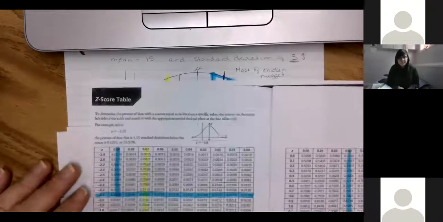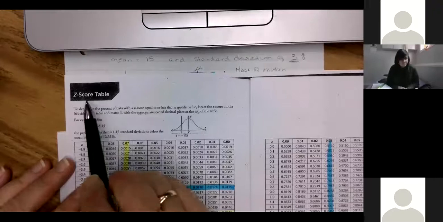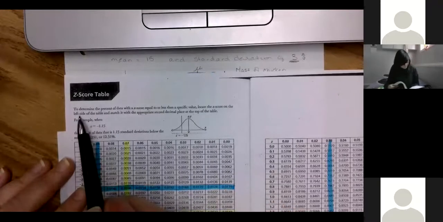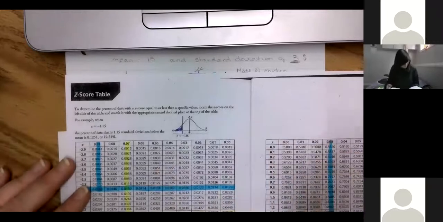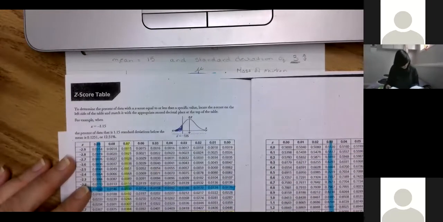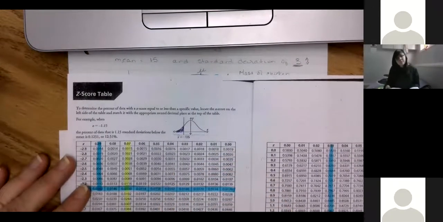If you take a look, and no one ever looks at this, this is your table, and it says to determine the percent of data with a Z-score equal to or less than a specific value, locate the Z-score on the left side of the table, match it with the... What they want you to know is every time you use this delightful little Z-score table, the only thing you're gonna get is stuff less than the number.